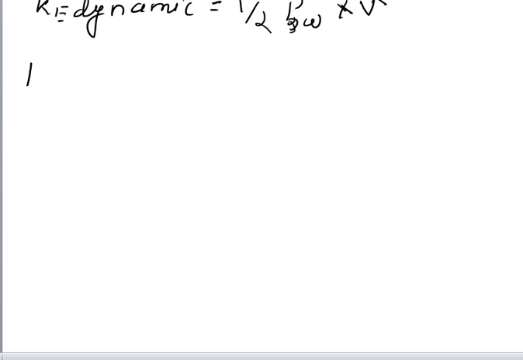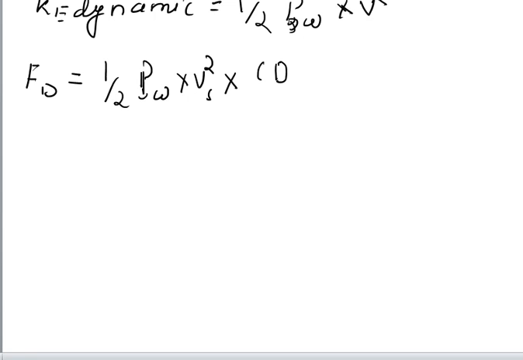Hence Fd can finally be written as half rho w into v square, where v is actually the settling velocity vs, times the coefficient of drag CD into area.